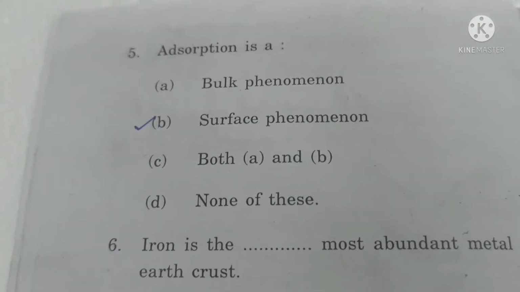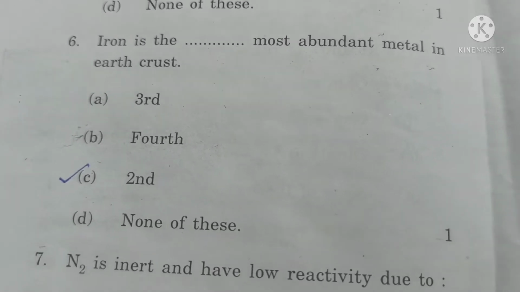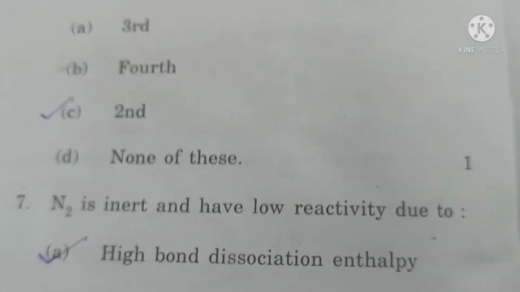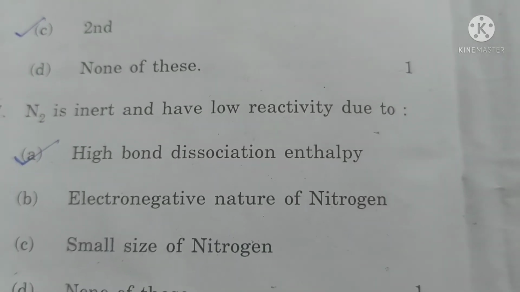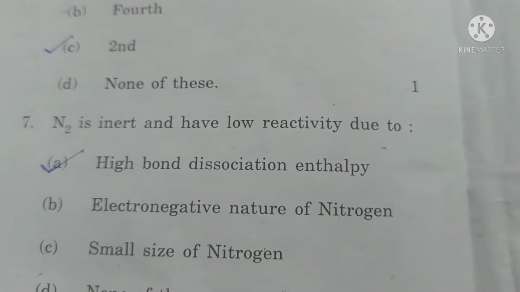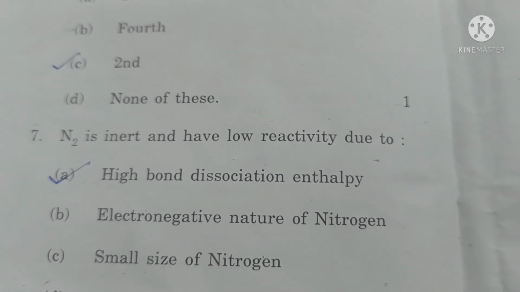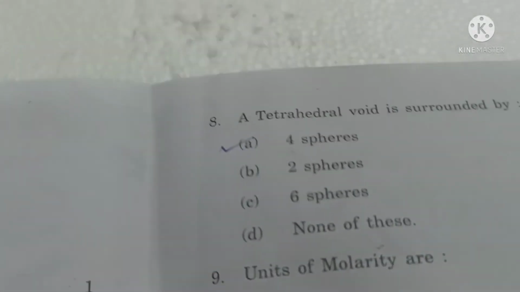Adsorption is a surface phenomena. Iron is the second most abundant metal in the Earth's crust. First is aluminium. Nitrogen is inert and has low reactivity due to high bond dissociation enthalpy. This is because there is a nitrogen-nitrogen triple bond which is difficult to break.